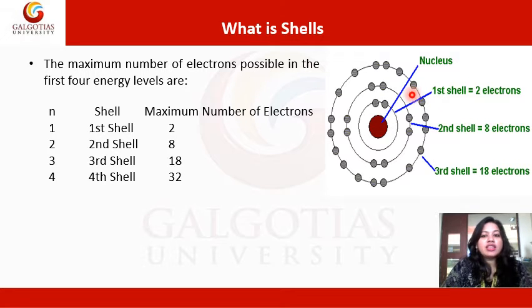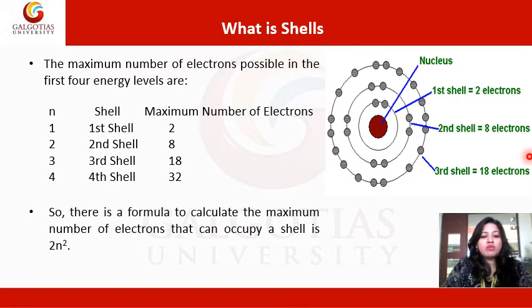If n equals 3, that indicates the third shell, where the maximum number of electrons accommodated in the shell is 18. And if n equals 4, that indicates the fourth shell, in which the maximum number of electrons is 32 and so on.